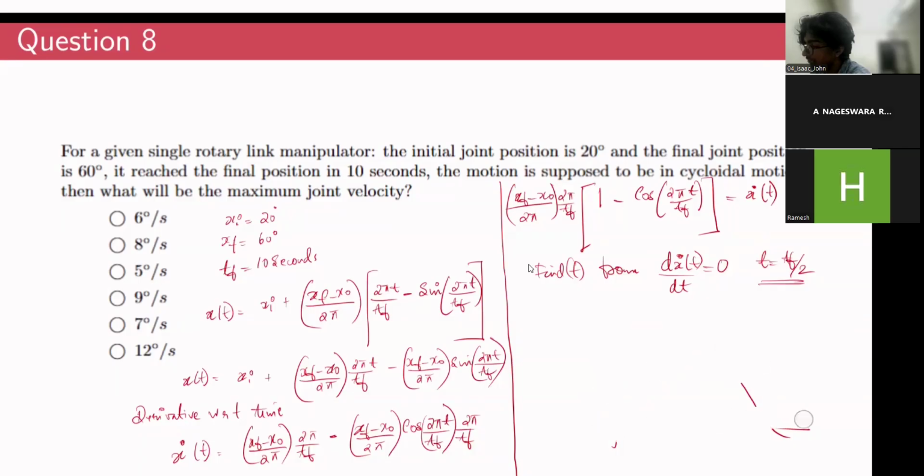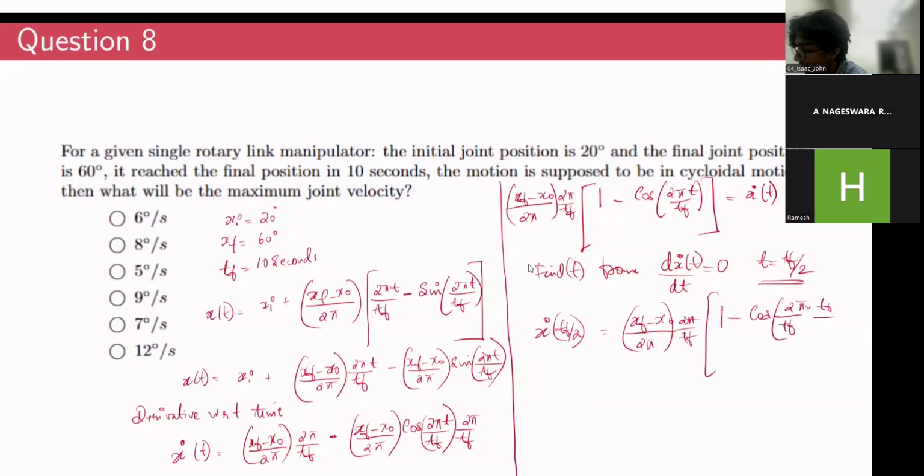And if you substitute tf by 2 into the expression here, you will get x dot at tf by 2 would be (xf minus x0) by 2 pi into 2 pi by tf multiplied by (1 minus cos of 2 pi by tf multiplied by tf by 2).